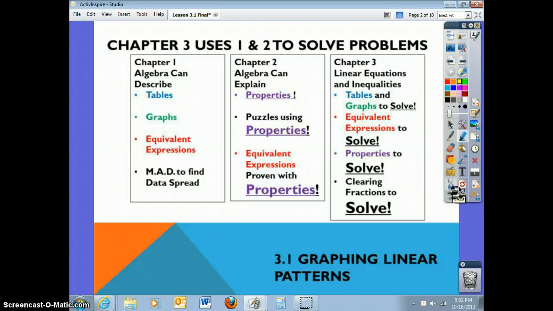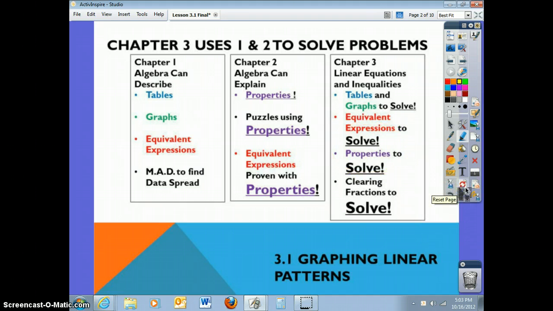Okay, so that said, you see how I have the colors here. Tables and graphs are part of chapter 1, and tables and graphs are coming back in chapter 3. Equivalent expressions were in chapter 1 and chapter 2, and they're in chapter 3. And properties were in chapter 2, again in chapter 3.